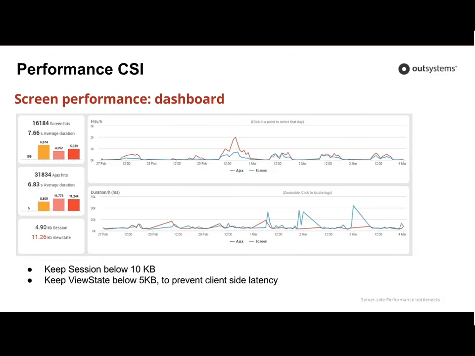The dashboard, it's what we just detailed, the 10Ks for the view state and 5Ks for the session. And don't forget that the view state is going to impact latency when sending the request and getting the response back.